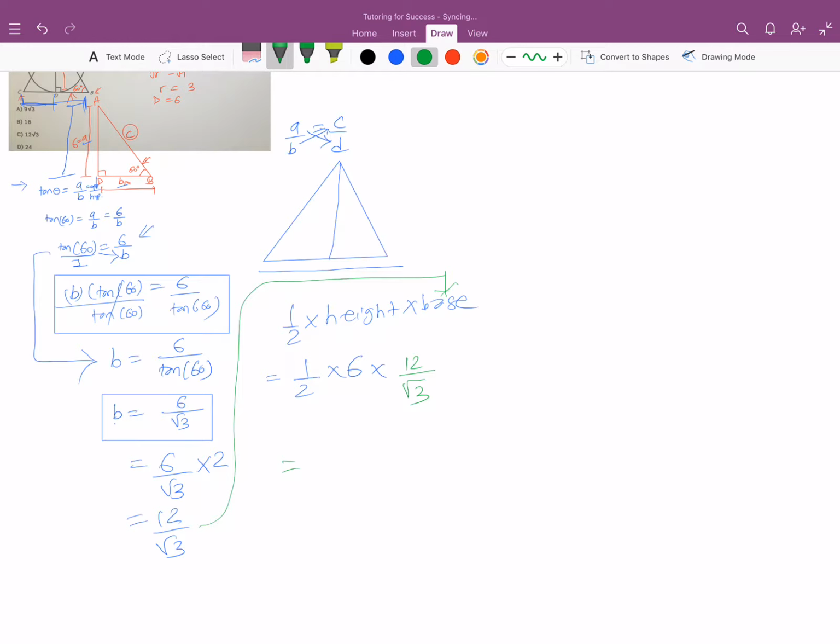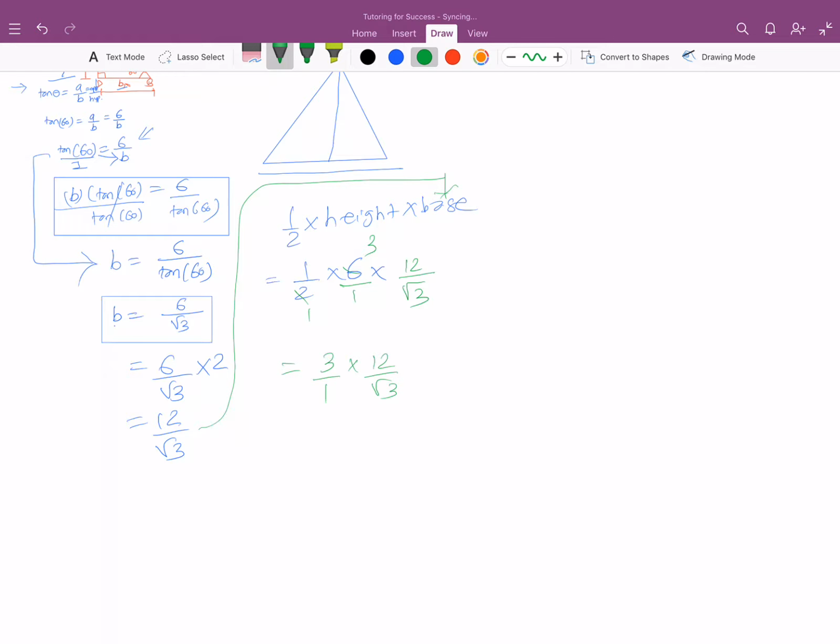Okay, so let's do that. Since I said if you have fractions, make it look like fractions, easy computations. So 1/2 times 6 times 12 radical 3 over 1. And now you must be asking, why am I doing all this?